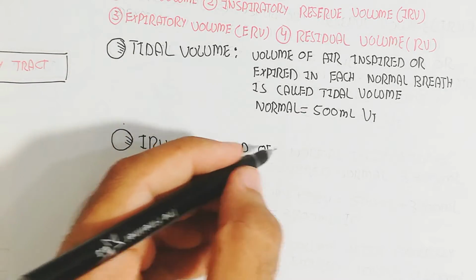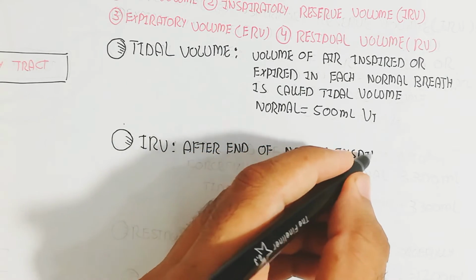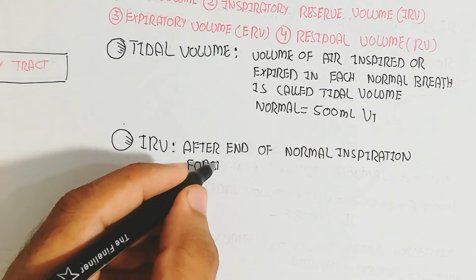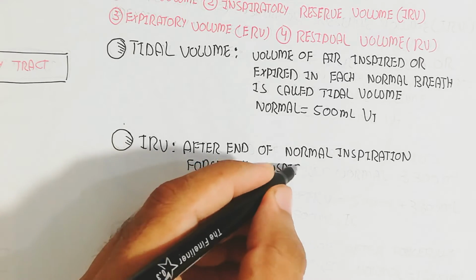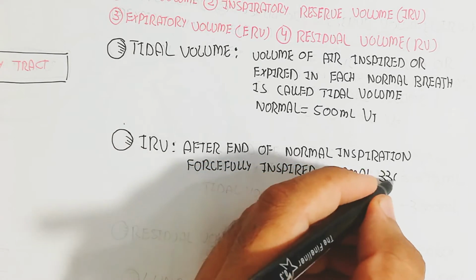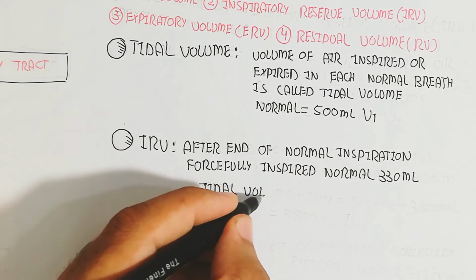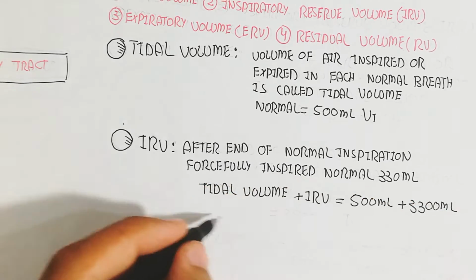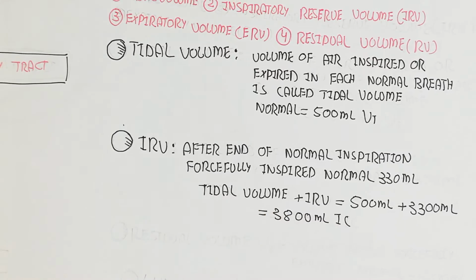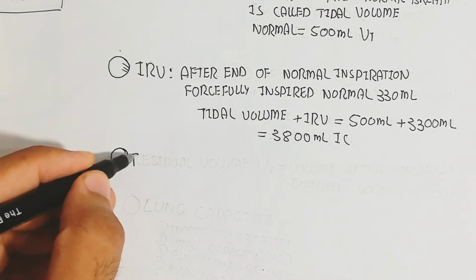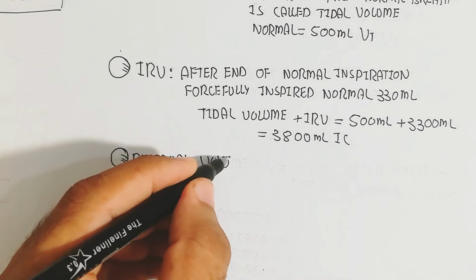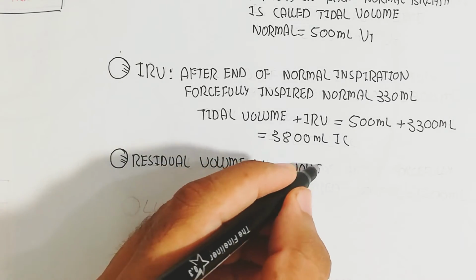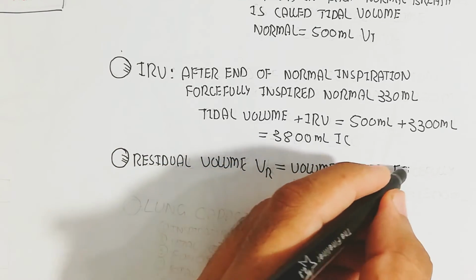IRV means the inspiratory reserve volume. This is the volume forcefully inspired after the end of a normal inspiration, about 3300 ml. So the tidal volume plus IRV is 500 plus 3300, which equals 3800 ml.